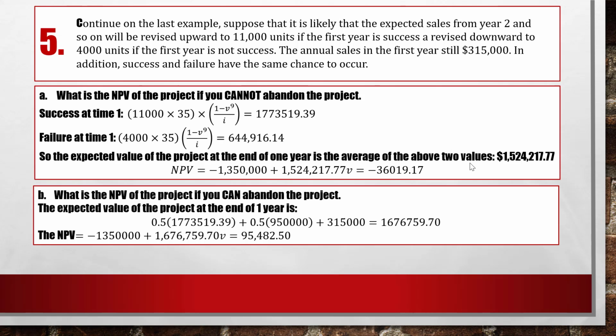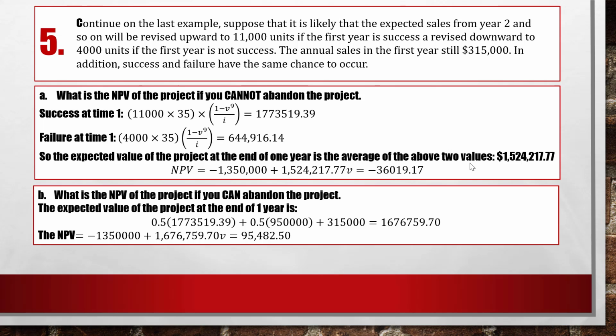So the expected value of the project at the end of year 1 should be 50% times 1,773,519.39 plus 50% times 950,000 plus 315,000. The 315,000 here comes from the annual sale after the first year, because we are considering the end of year 1. So 315,000 is what we earn after the first year.